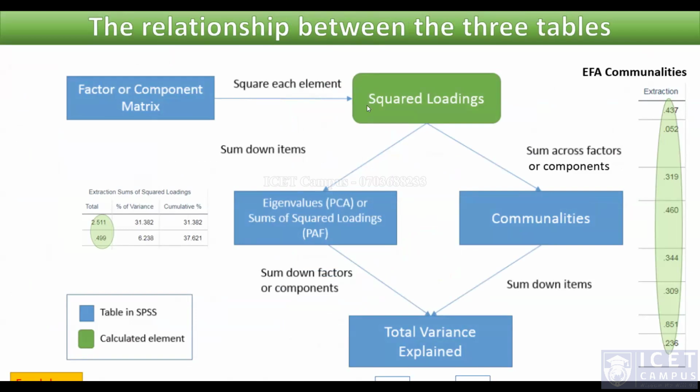If we add these squared loadings, we can get the eigenvalues. The squared loadings can be summed to eigenvalues for principal component analysis, or the sum of the squared loadings for principal axis factoring. And the sum across all these components we can take as the communalities.